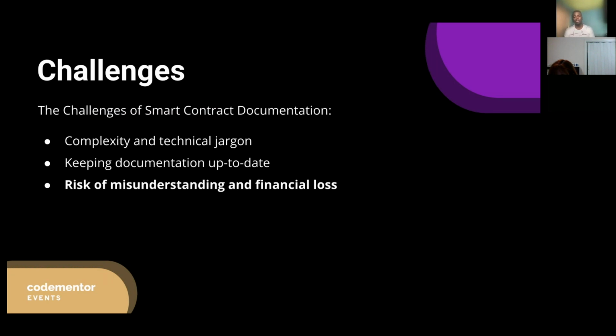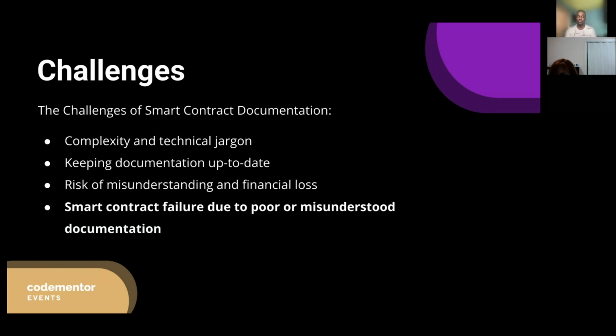So it can be challenging to really take a calm look at smart contract documentation and implement it properly to avoid the risk of misunderstanding, and of course, financial loss. Like you've seen earlier, so many hacks are happening, and money is being lost in assets and smart contracts.